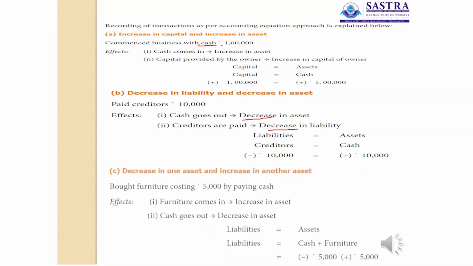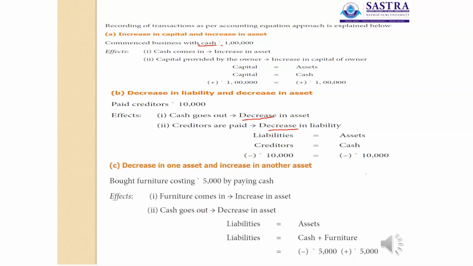Then the next transaction is decrease in one asset and increase in another asset. For example, bought furniture costing rupees 5,000 by paying cash. What are the accounts involved here? One is the cash account and another one is the furniture account.